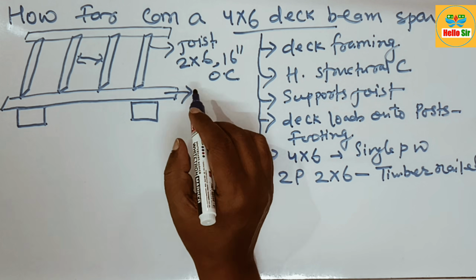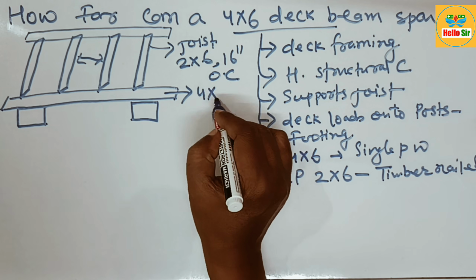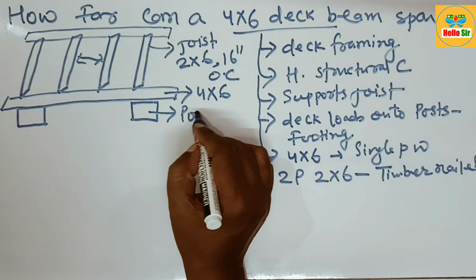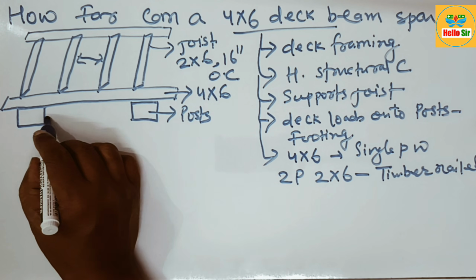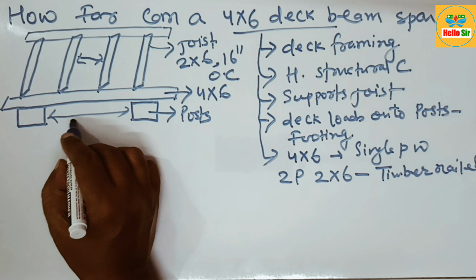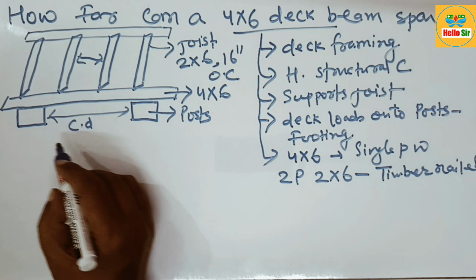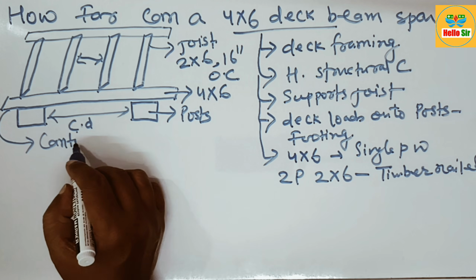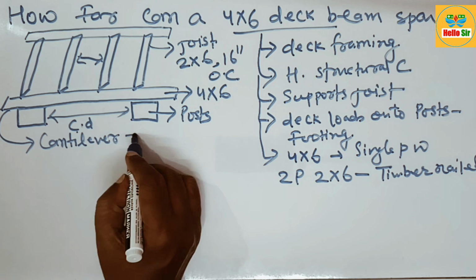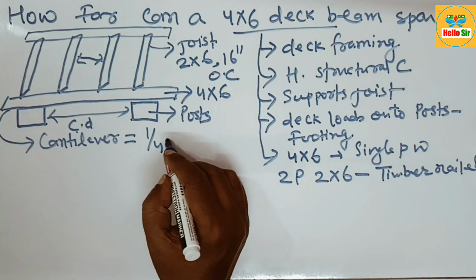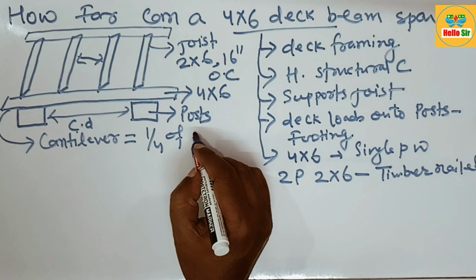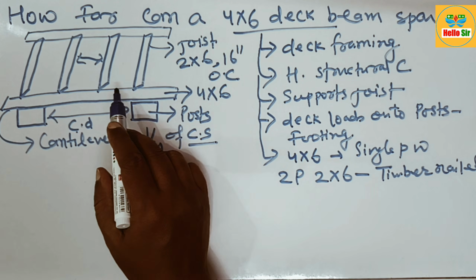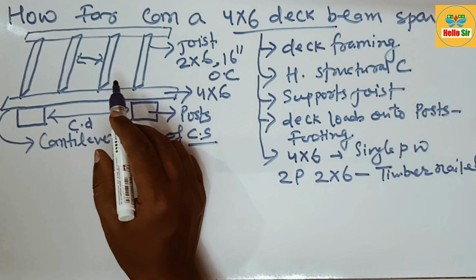And this is your deck beam, size 4 by 6, and this is the post, and this is the clear distance between two posts. This is the cantilever portion, which is equal to one fourth of the clear span between the two posts. This is the rough diagram to understand deck framing.